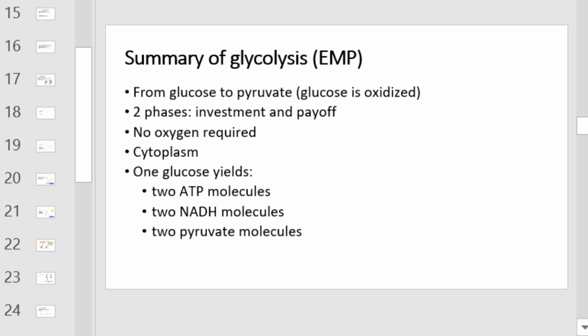No oxygen is required for glycolysis to occur. It occurs in the cytoplasm of a cell, and the one glucose that is split will yield 2 ATP molecules in total, 2 NADH molecules, and 2 pyruvate molecules.